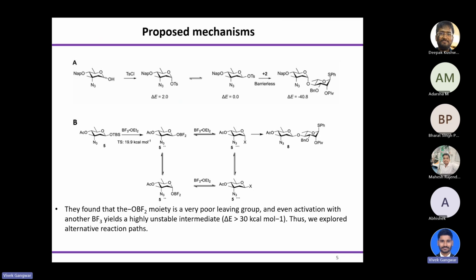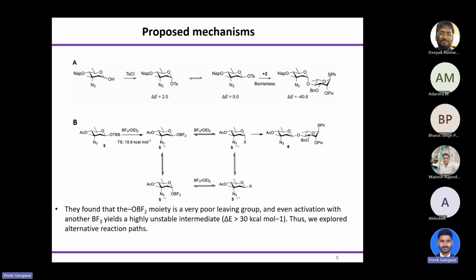And the proposed mechanism in that case: first this hemiacetal reacts with tosyl chloride, gets OTs protected anomeric position, and this alpha and beta are in equilibrium.